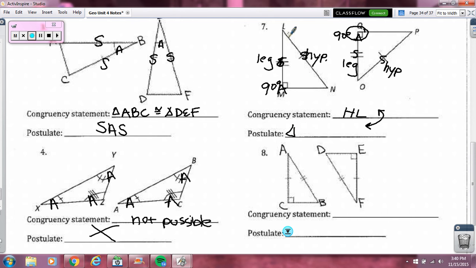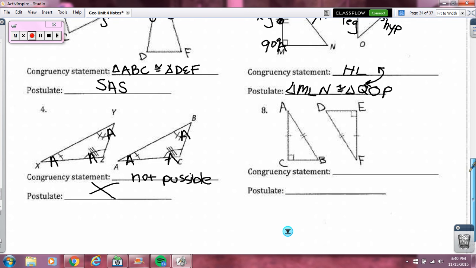Congruency statement. M is the right angle on that triangle. Q is the right angle on the other one, then L goes along the leg, O goes along the leg that's marked, and then finally N and P. Cool beans.